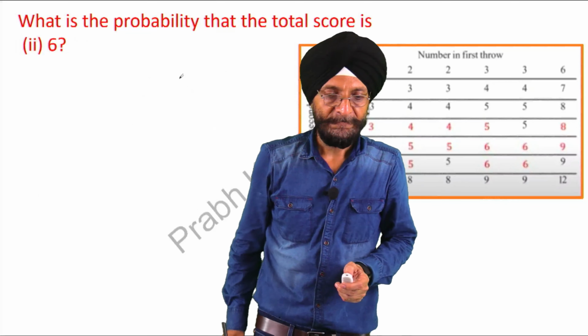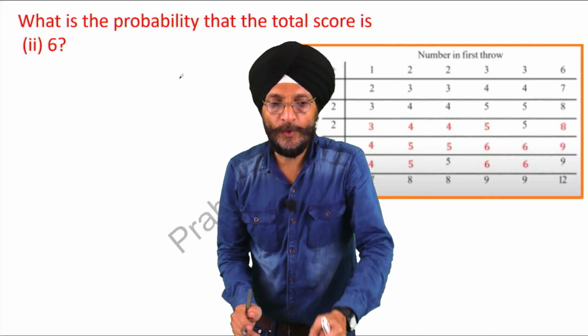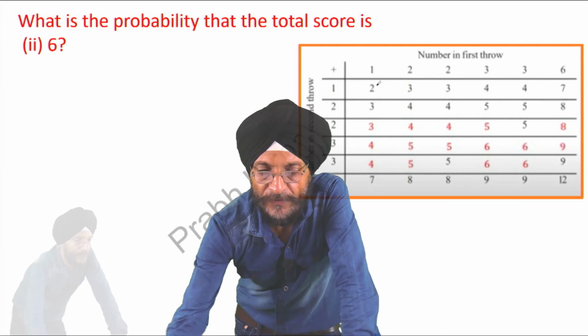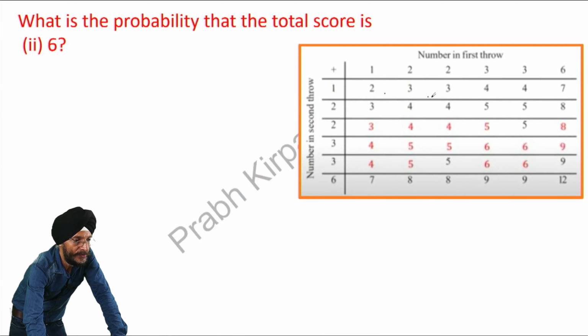Next is, what is the probability that the total score is 6? We find out the same. Here we have to find out only where the total score out of these 2 throws is 6. This is 6. This is 6.